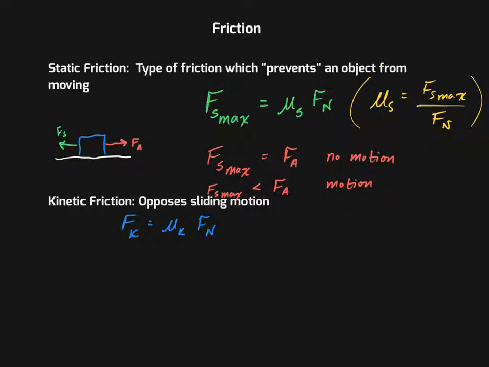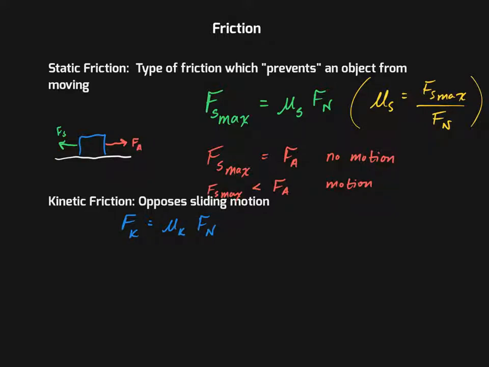I think it's really important to note that these coefficients for static friction and kinetic friction are typically different. And typically, our coefficient of static friction is greater than our coefficient of kinetic friction.